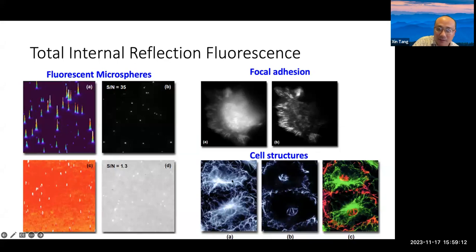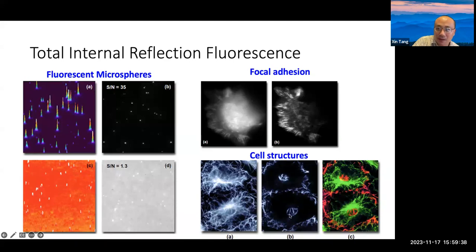You see everything, but you may also get a lot of noise there. If you use TIRF, then only the cytoskeleton, the center part and the periphery part, are very, very close to the glass bottom petri dish, within that tens to hundreds of nanometer region. They are excited, but the other parts are not excited. So the signal to noise ratio is very good.